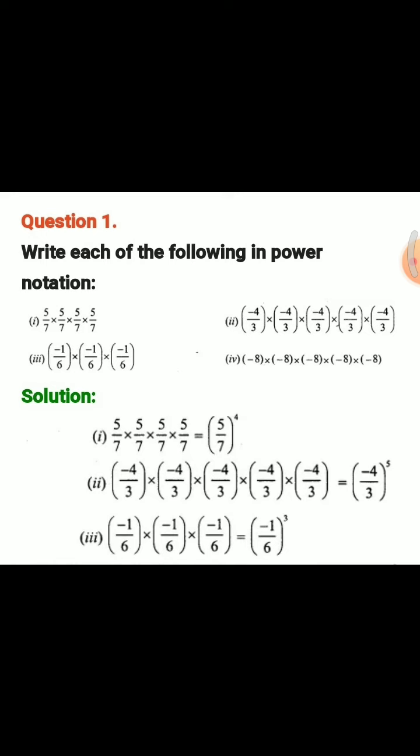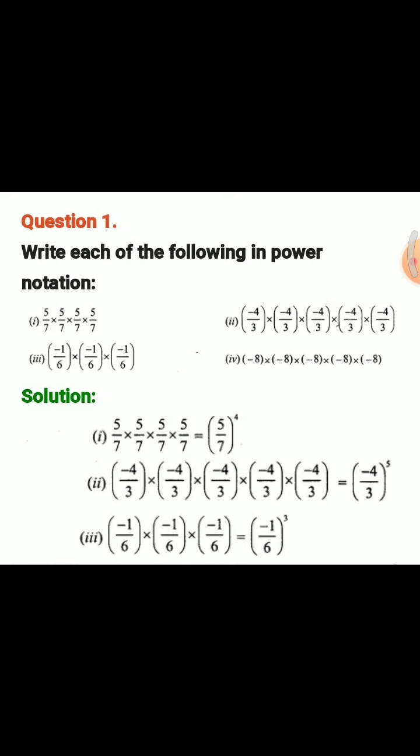Question number 1 is: write each of the following in power notation. 5 by 7 multiple 5 by 7 multiple 5 by 7 multiple 5 by 7. So at first you write only one 5 by 7, and after that you count how many times it comes. So 1 2 3 4 means 5 by 7 power 4. Okay.